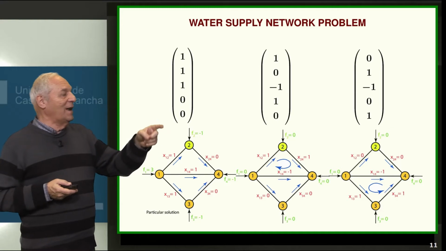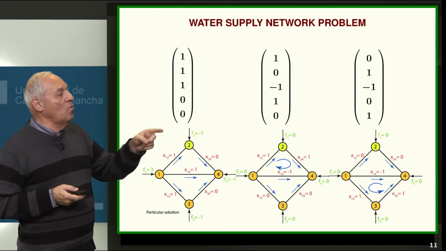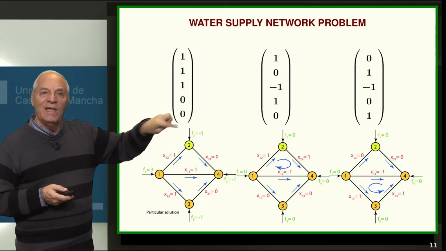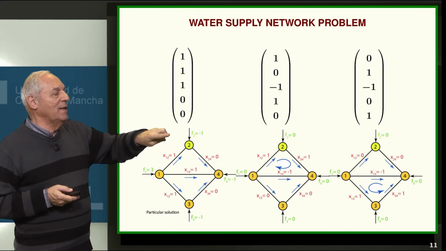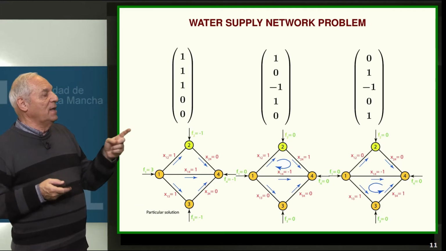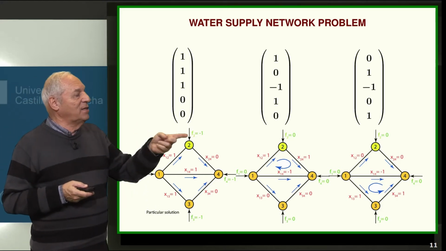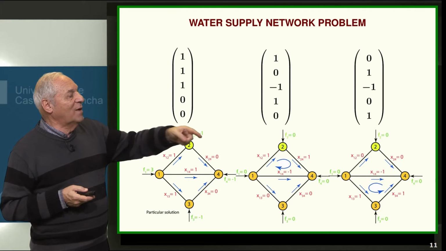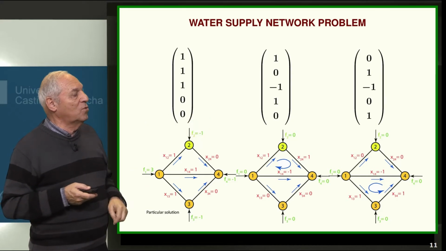What does the vector 1 0 minus 1 1 0 represent? Well, it represents a unit flow that is circulating from node 1, to node 2, to node 4, and to node 1 again, and in the other pipes, those below, there is no flow.